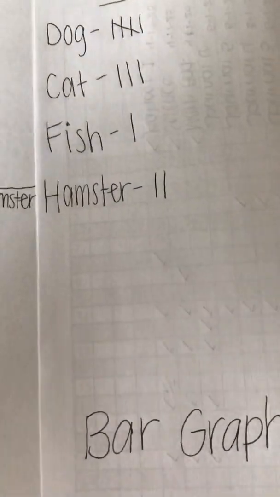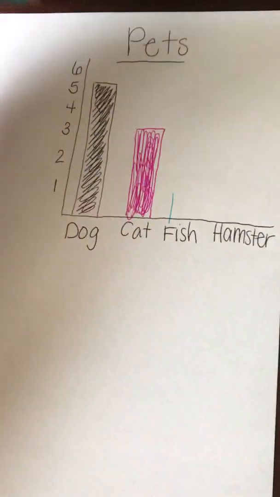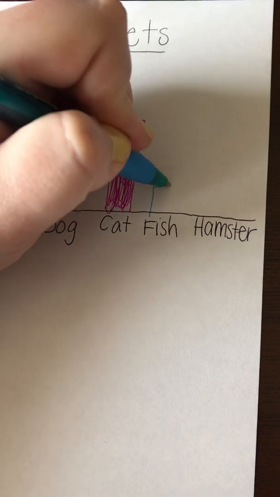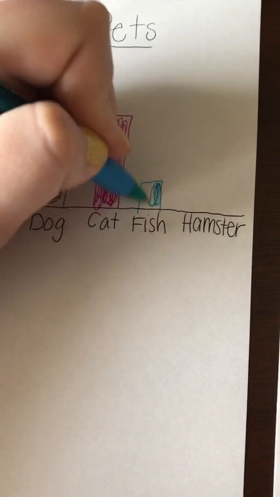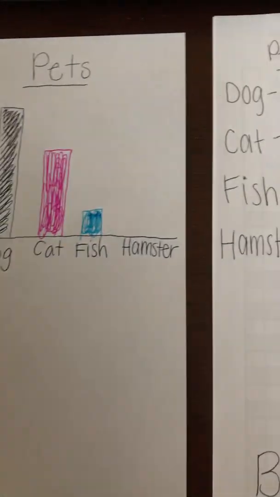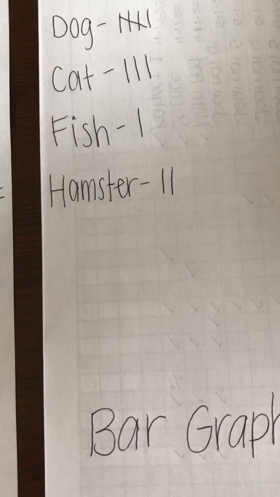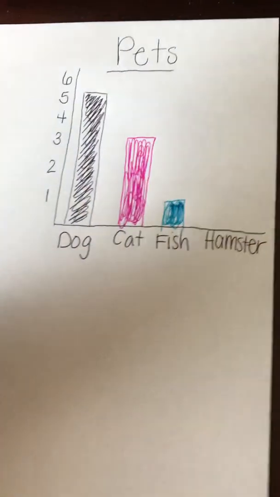Next, I have fish. And only one person in my survey has a fish for a pet. And last, I have hamster. And 2 people on my survey said that they have a hamster as a pet.